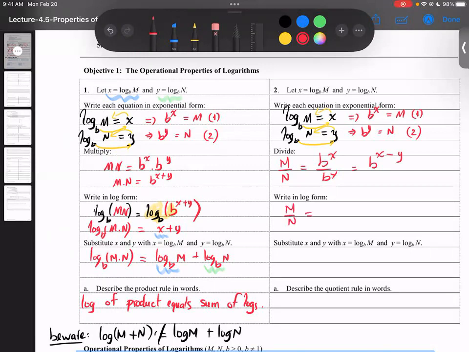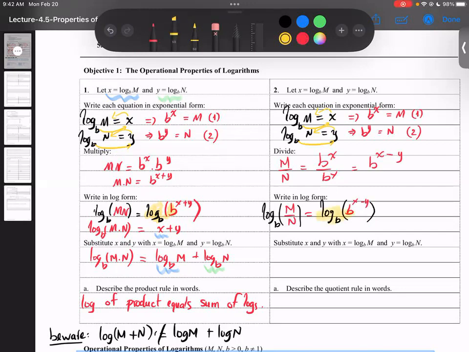Rewrite the left-hand side, and then take log of both sides. Again, log base b, because we need to cancel. B to the x minus y. It's the same process, really.